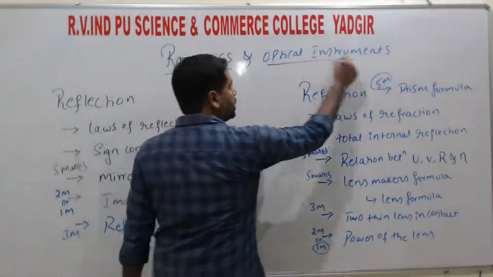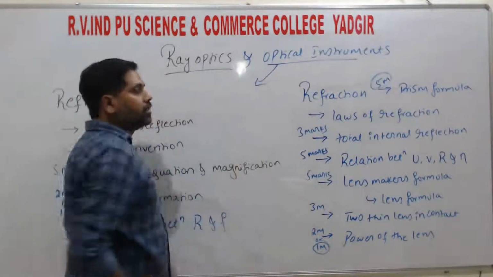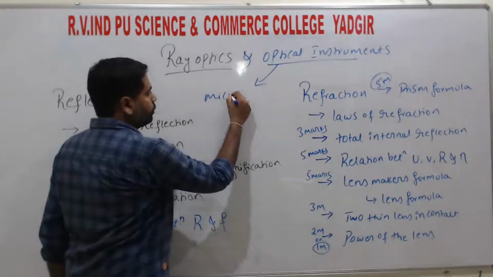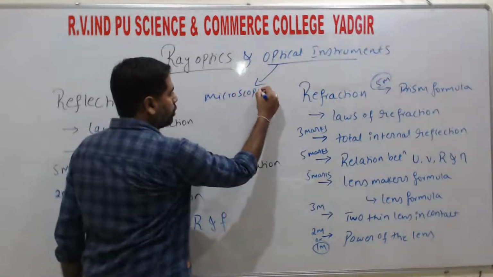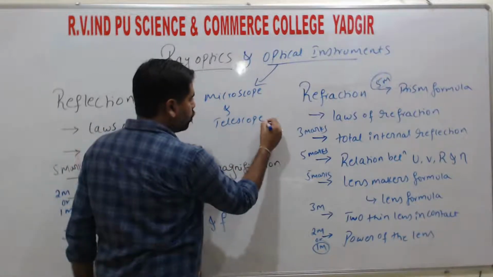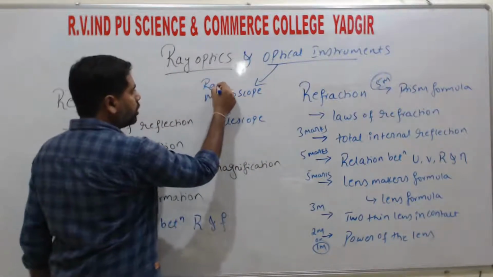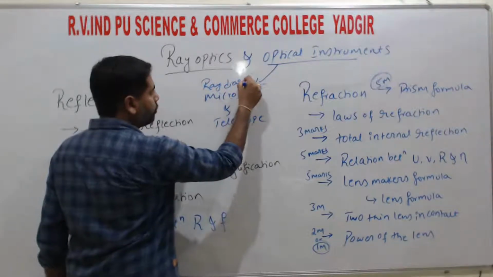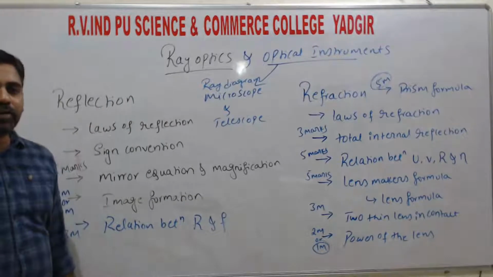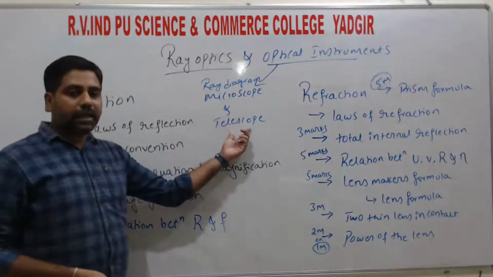In optical instruments, they ask the mathematical form for the microscope and the telescope. That is, they may ask for a ray diagram or a mathematical expression for a simple microscope or for the telescope.